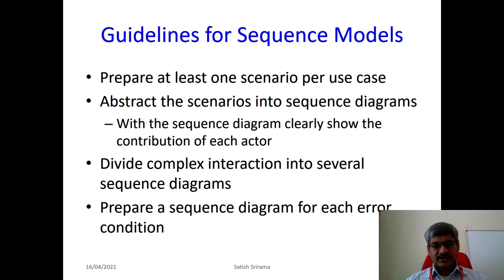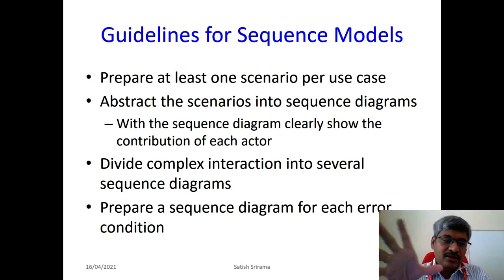With the sequence diagram, very clearly show the contributions of each and every actor, how they are exchanging messages with the system and the other objects within the system, and how the system is exchanging messages with these actors.